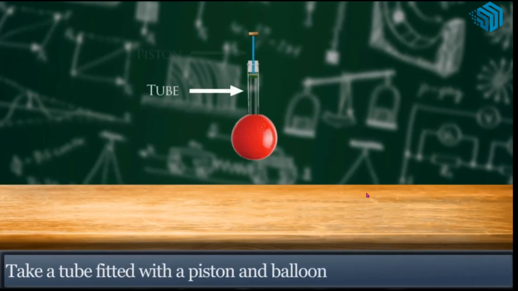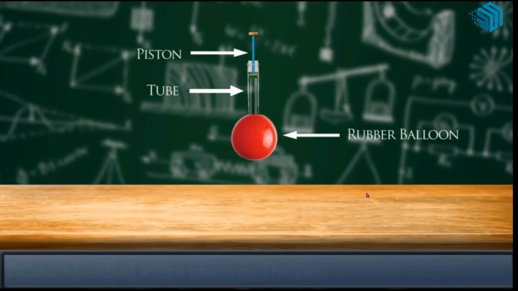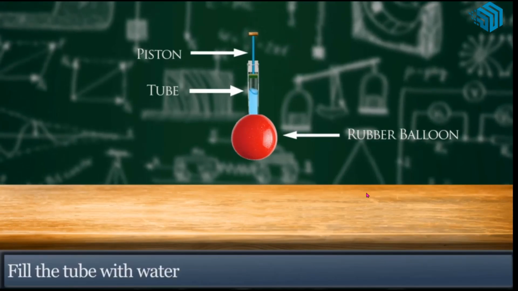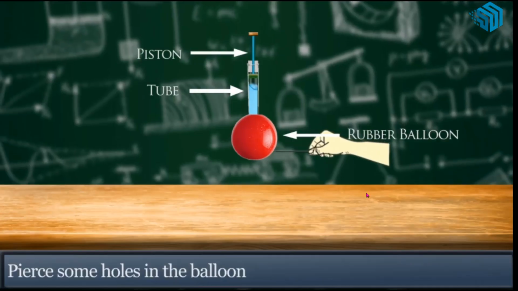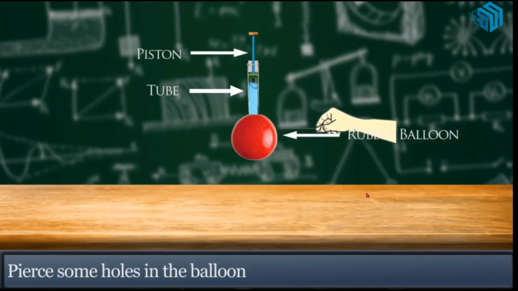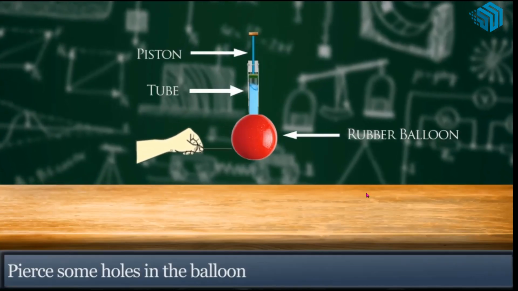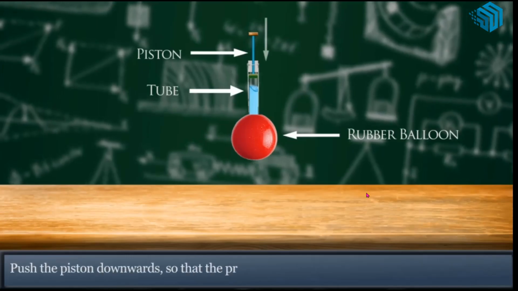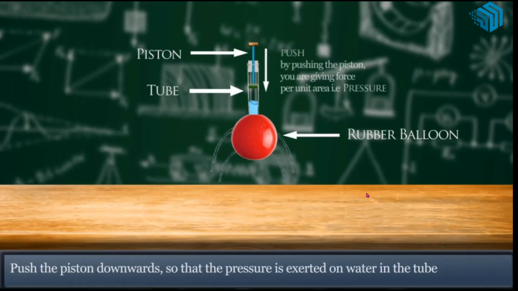See, piston and a balloon. So this is a rubber balloon. Fill the tube with water and pierce some holes in the balloon. See? So now they are pushing the piston downwards and water is coming out.